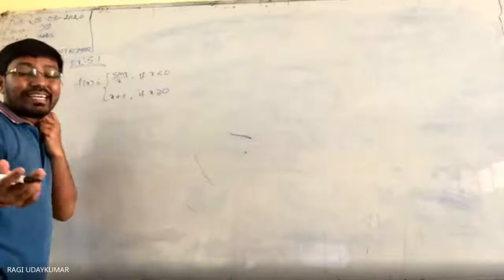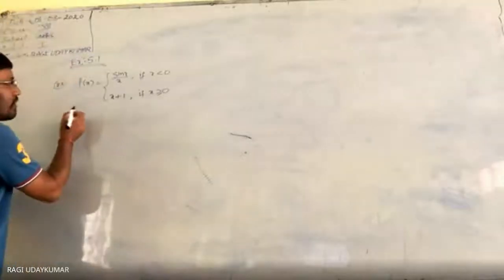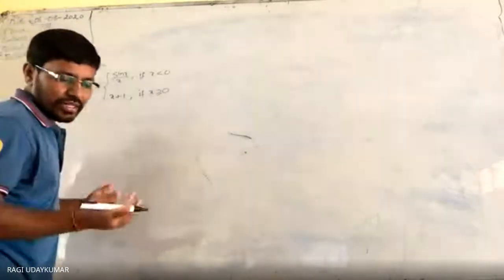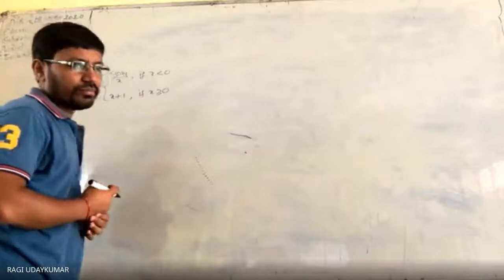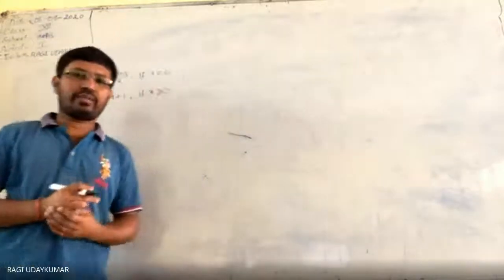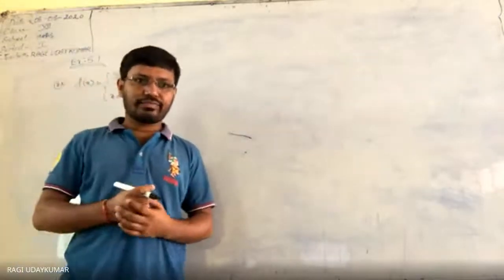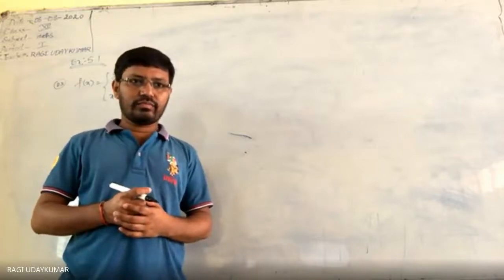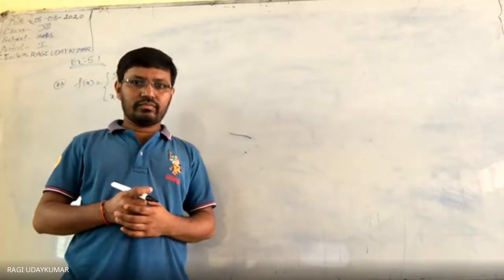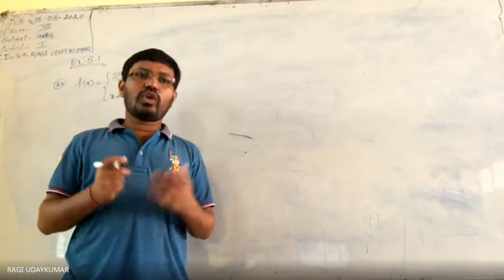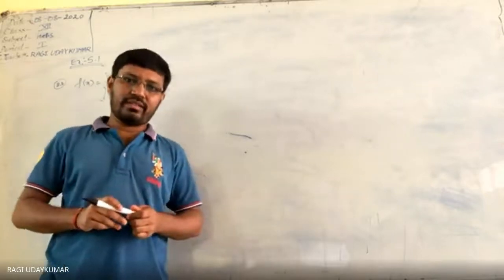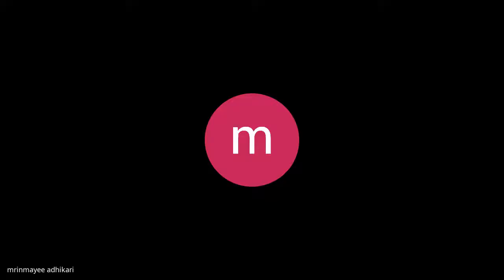So let us take the one case less than 0. But before that, what is the domain of this function? Can you say? The domain of the function is real numbers. Because if you see here, x less than 0 is given, or equal to 0 is given.